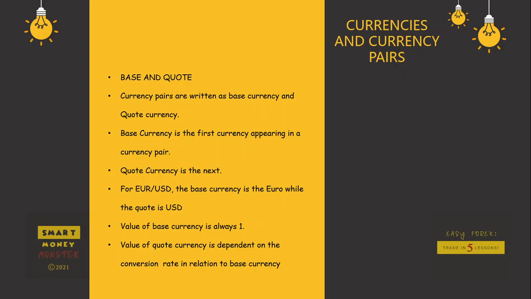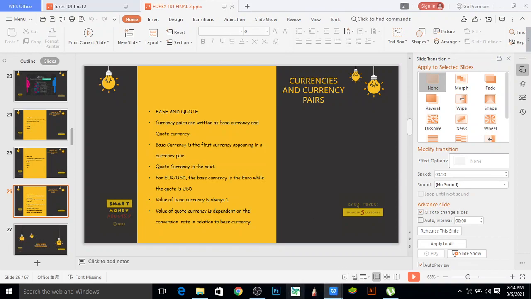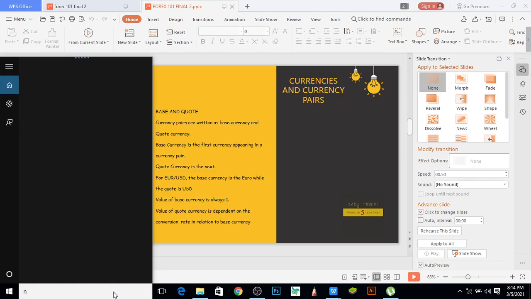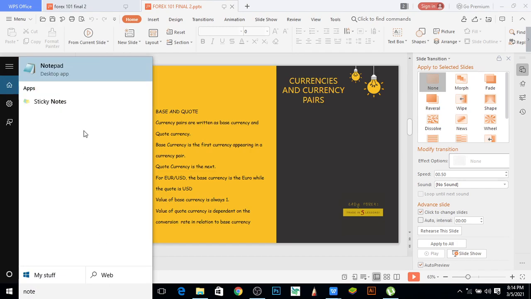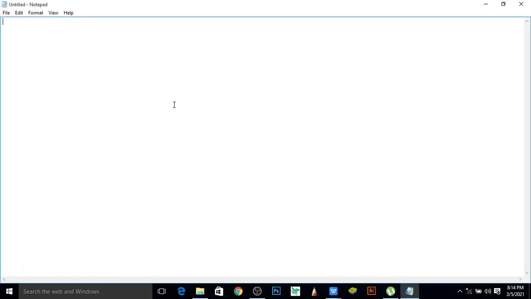Let me show you what I'm trying to say. So now let's say the current price of euro dollar is 1.2512.